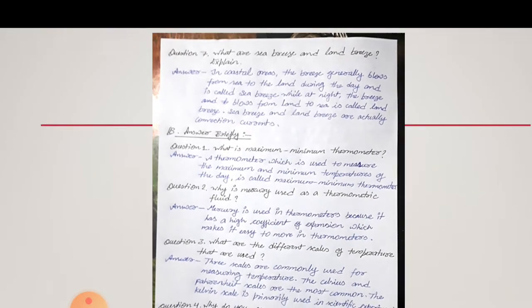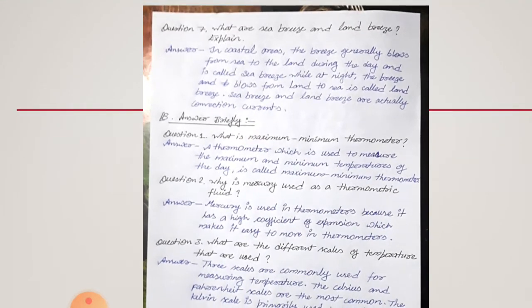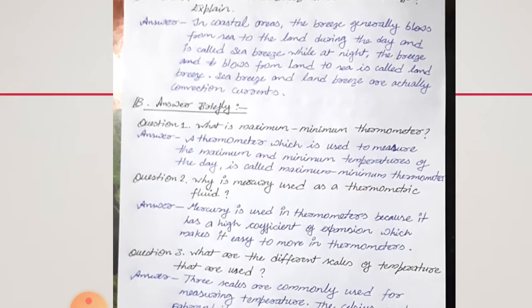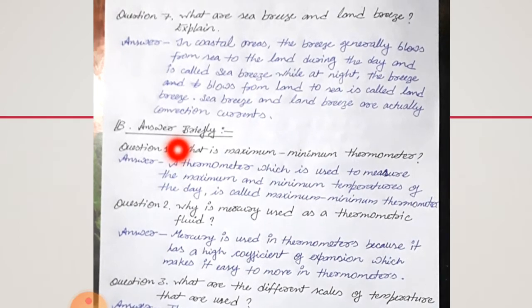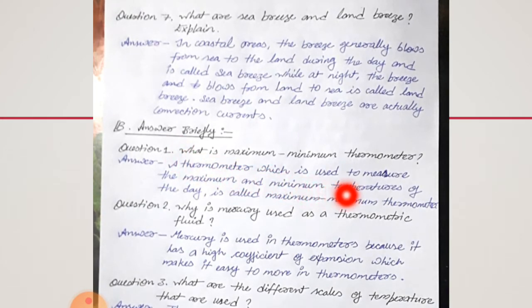Now answer briefly. Question 1. What is a maximum minimum thermometer? So its answer, a thermometer which is used to measure the maximum and minimum temperature of the day is called a maximum minimum thermometer. Now question 2.